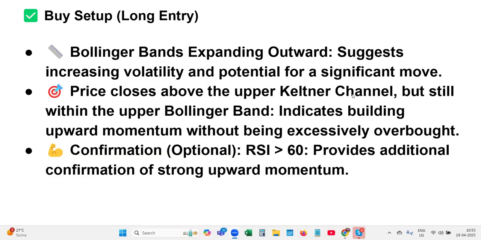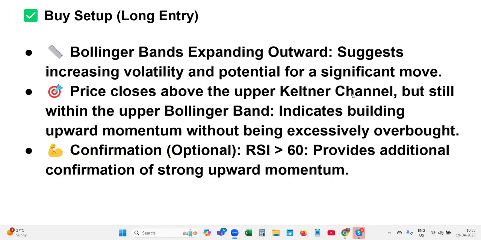Confirmation we are taking, that is optional. You can apply RSI and take the consultation. What harm is there if you take a second opinion? There is no harm. You need to take the second opinion if you are making a major decision, where you are going to trade in the market, putting your own capital.